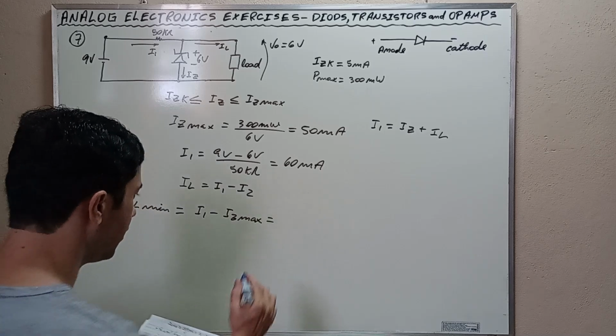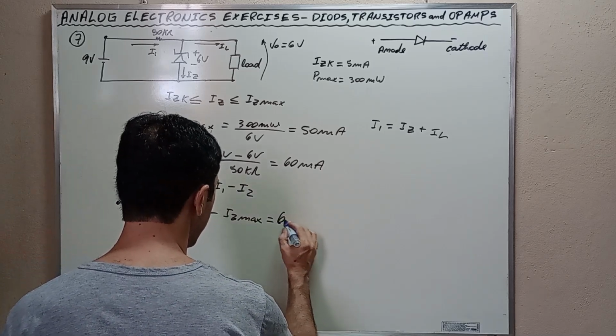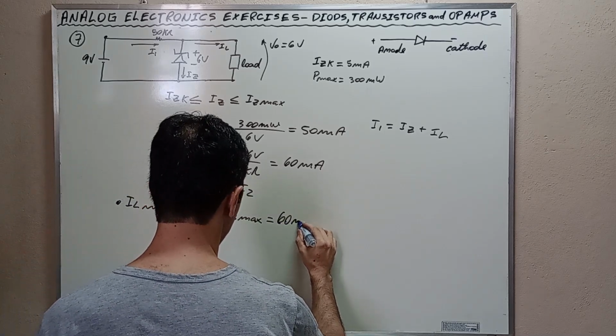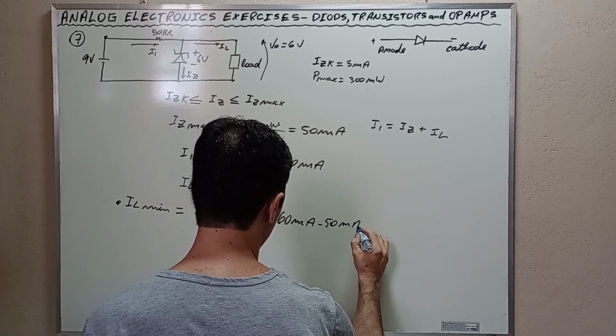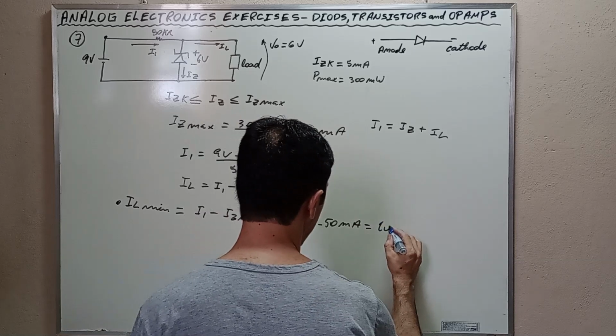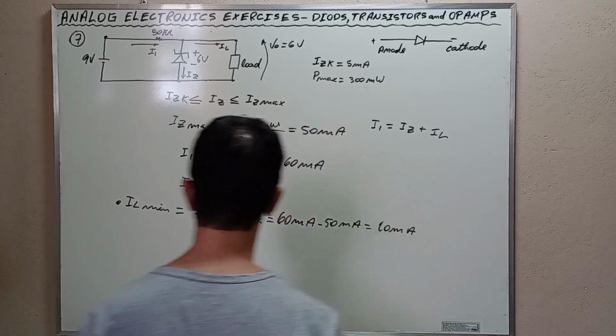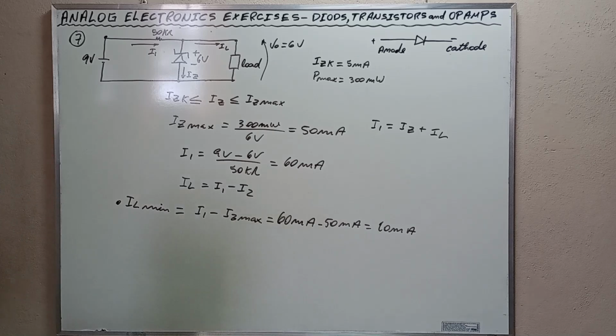And this is equal to 60 milliamps minus 50 milliamps, which is equal to 10 milliamps. Now let's finish by calculating the maximum value of the current that goes to the load.